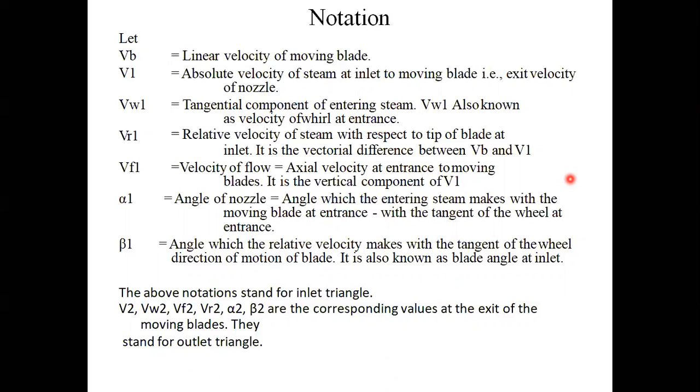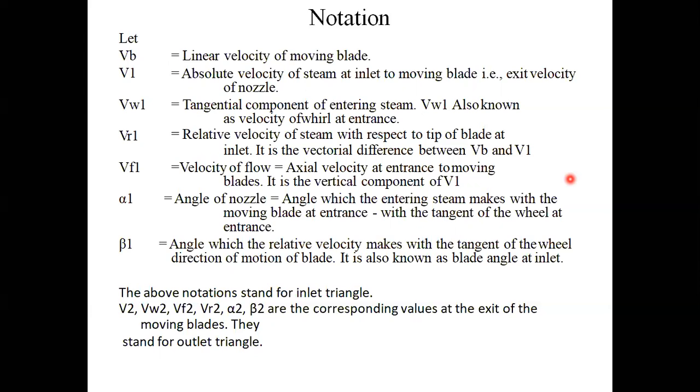VR1 is the relative velocity of steam with respect to the tip of the blade at inlet; it is the vectorial difference between VB and V1. VF1 is the velocity of flow, the axial velocity at entrance to the moving blade. It is the vertical component of V1.